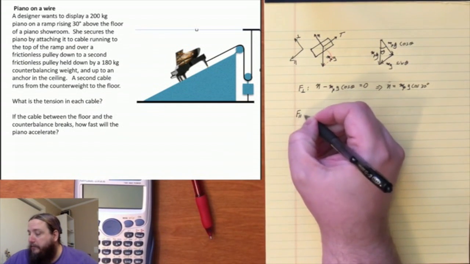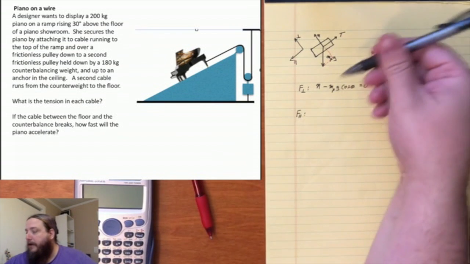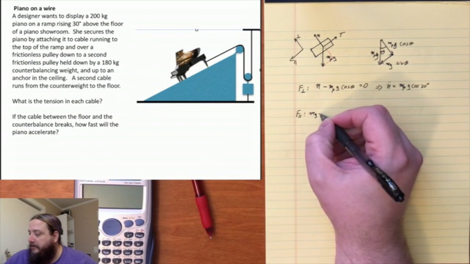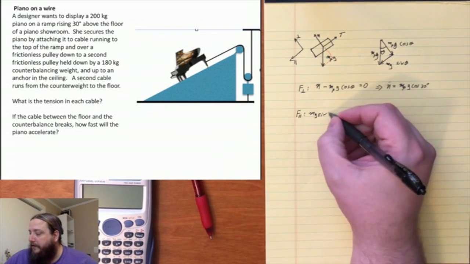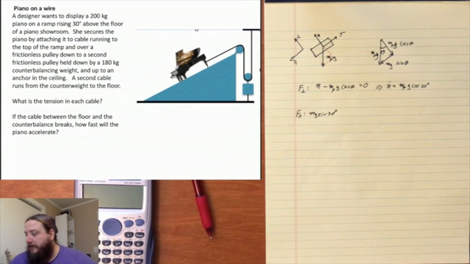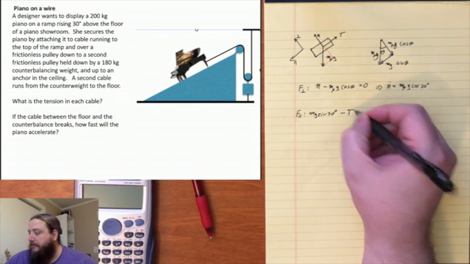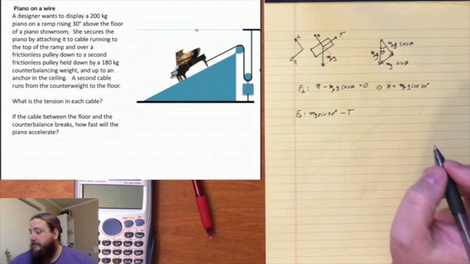The parallel components of force: in the positive parallel direction, we have mg sine of 30 degrees, and in the negative direction, we have tension.